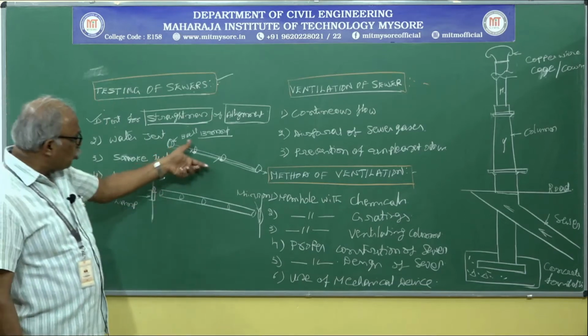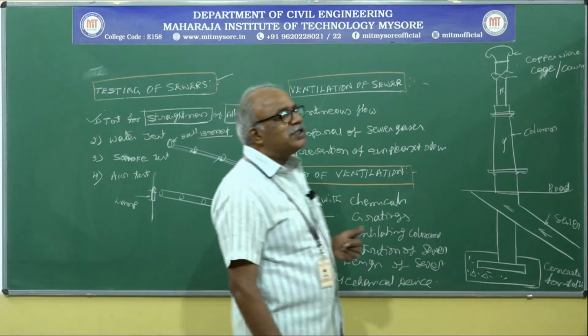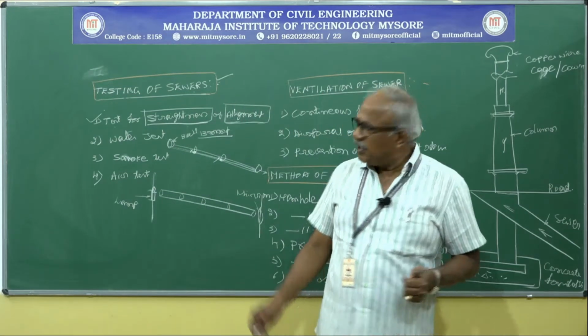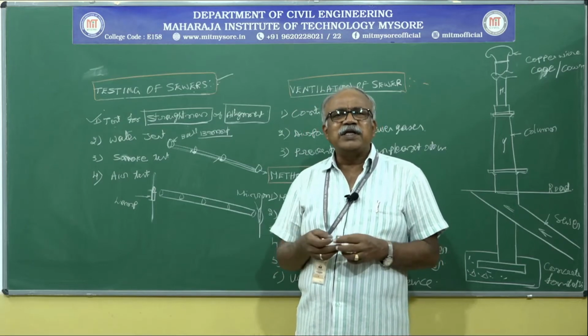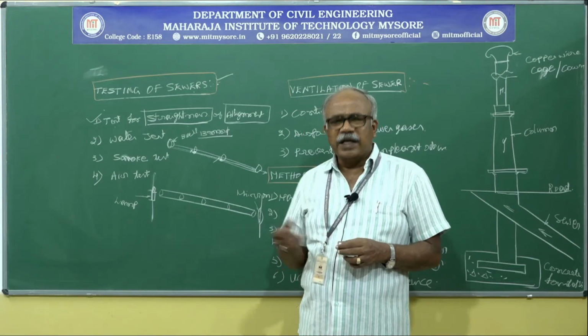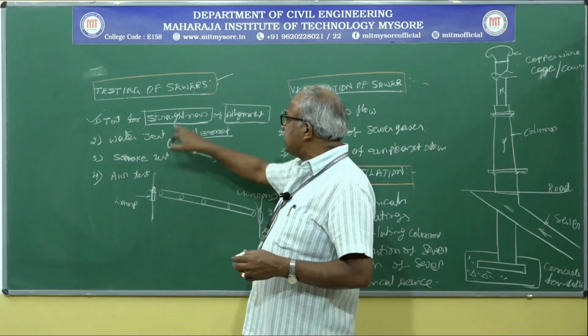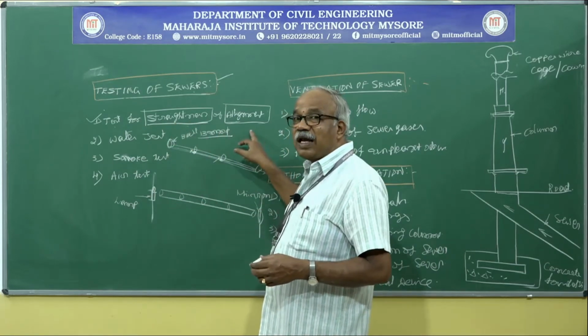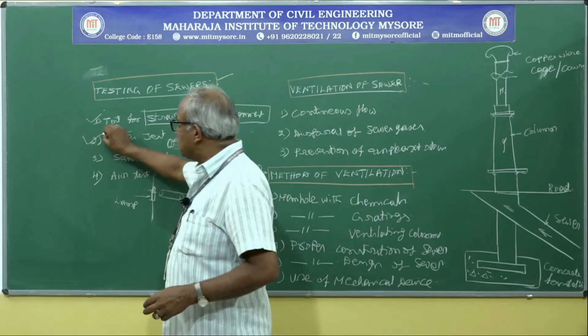So these are the two popular methods for testing of sewer lines. They are very easy methods, and there are no difficulties in conducting the test. After testing the straightness and alignment in the sewer lines, next is the water test.